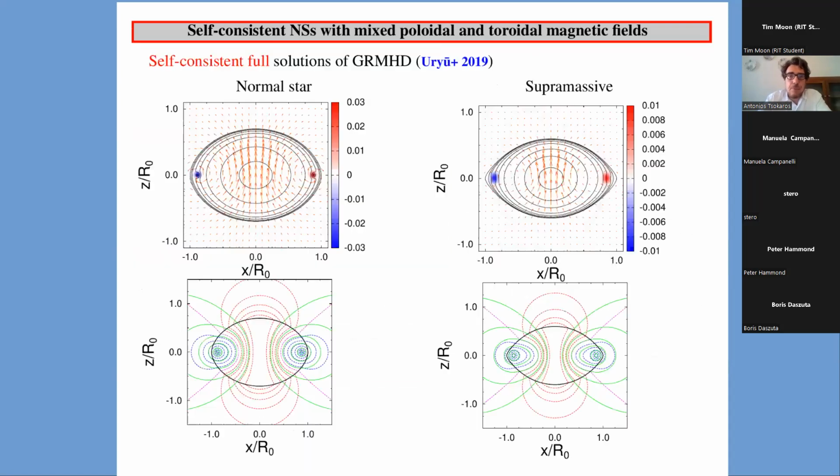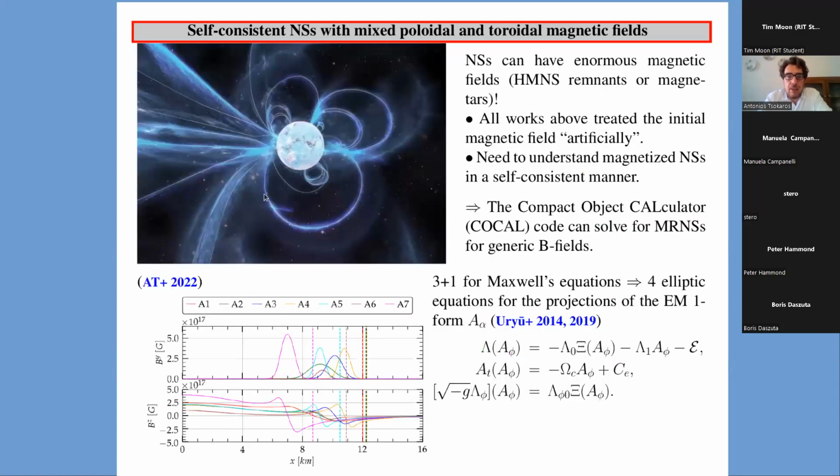So we have computed both normal stars and supermassive stars. On the top, for example, you can see the poloidal magnetic field with the arrows and the toroidal magnetic field with the densities. The toroidal magnetic field, as you can see, is very high, close to the surface of the star on the equatorial plane. And similarly, you can see it here. For example, the toroidal magnetic field for this model is here, and the surface of the neutron star is denoted by the vertical dashed lines.